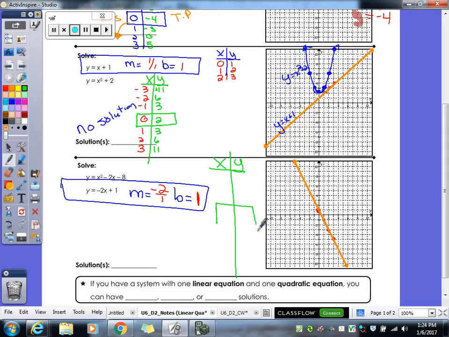Make your box in the middle. I think you guys could do this, finish this one on your own. Go ahead and try it. There's a little trick to it. So my pattern went from -2, -1, 0, 1, 2, 3, 4. Go ahead and graph that.